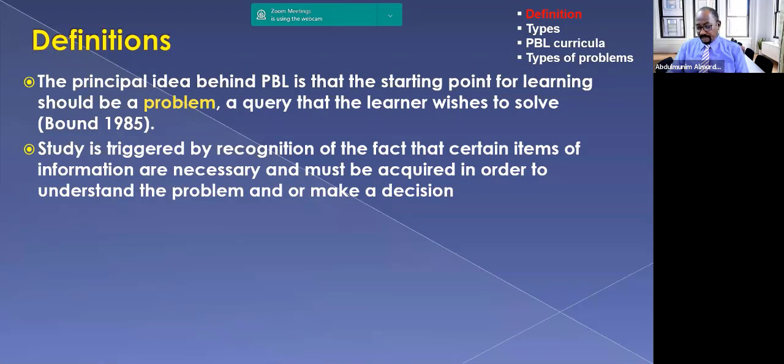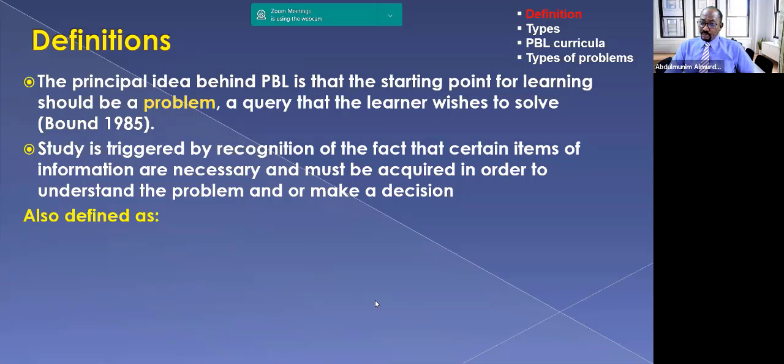He went further in his paper and said, study is triggered by recognition of the fact that certain items of information are necessary and must be acquired in order to understand the problem and or make a decision. This is the description found in a paper written by Bound in 1985.